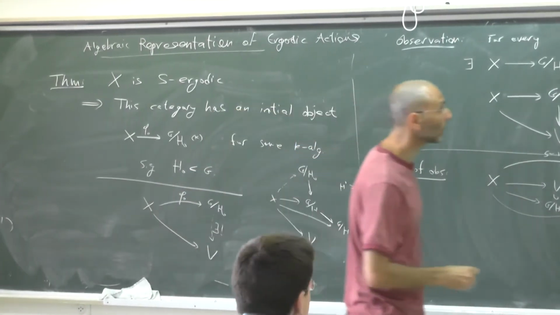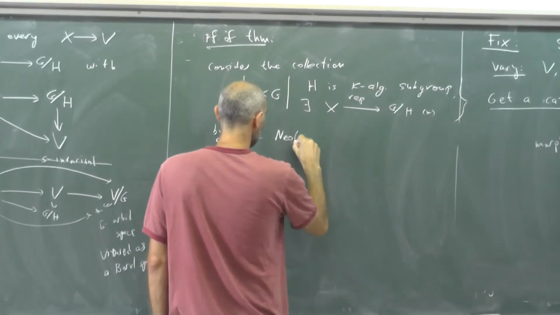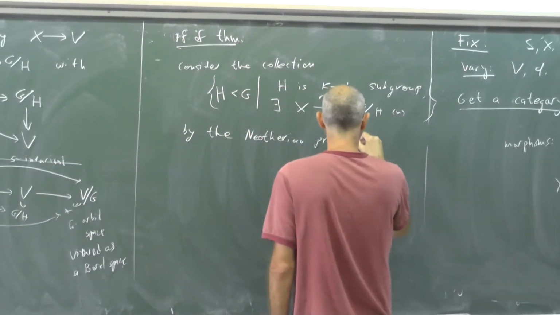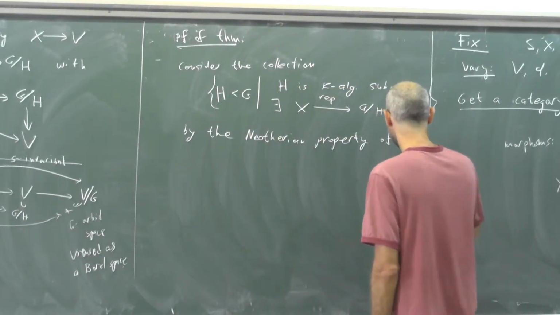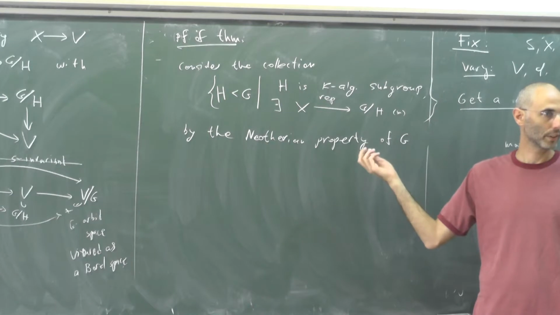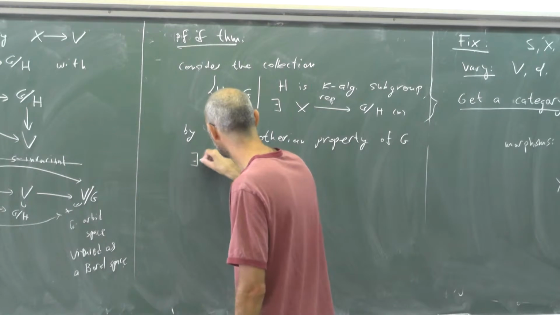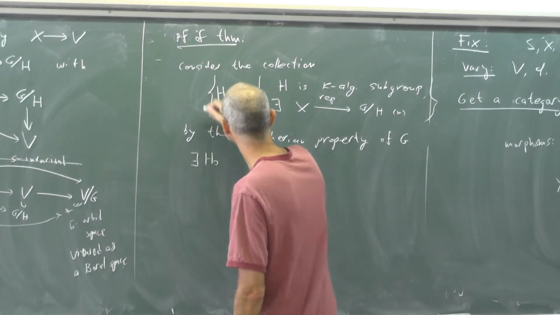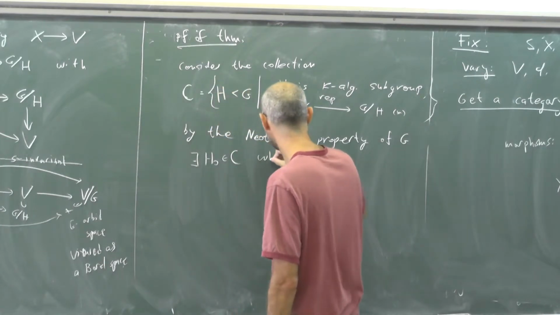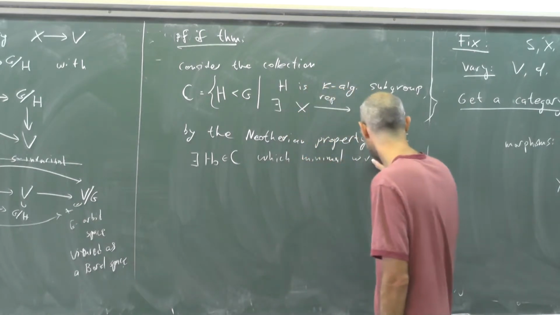And I can do this because by the Noetherian property of G, every collection of closed sets has a minimal element. This is one of the many definitions of the Noetherian property. There exists H0 which is minimal with respect to inclusion.